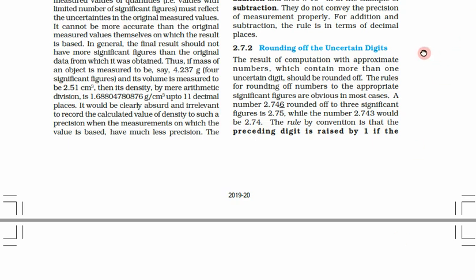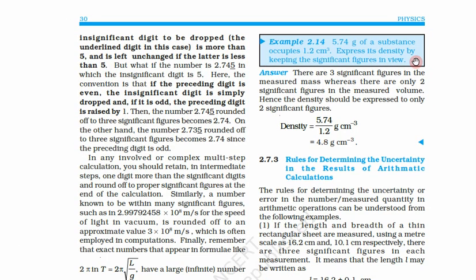Now there is one problem. What will happen if we have 5? If it is less than 5, we simply drop the number. If it is more than 5, we drop that number and increase the previous digit by one. Suppose we have 1.143 and 1.147.